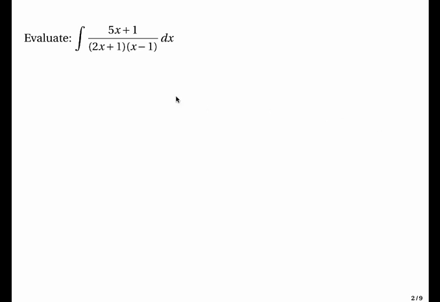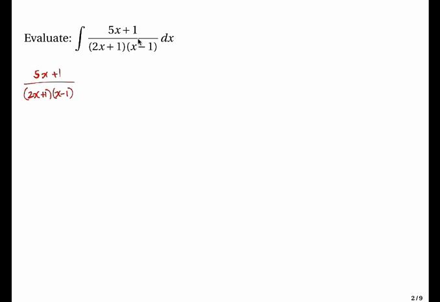So for our first problem, we have the integral of 5x plus 1 all over 2x plus 1 times x minus 1 dx. So we start with the rational function 5x plus 1 divided by 2x plus 1 times x minus 1.